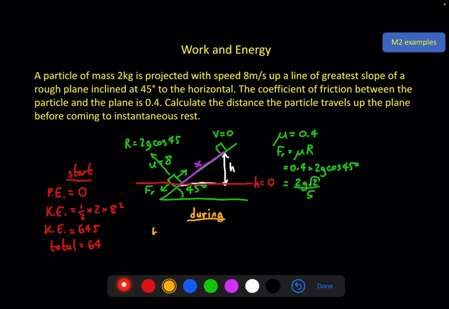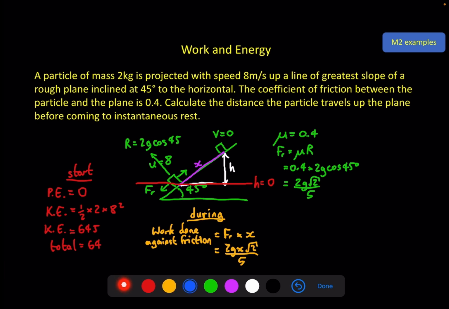We know work done against friction is equal to force times distance, so friction times x, the distance in the direction of the force parallel to the plane. So that's 2gx root 2 over 5.